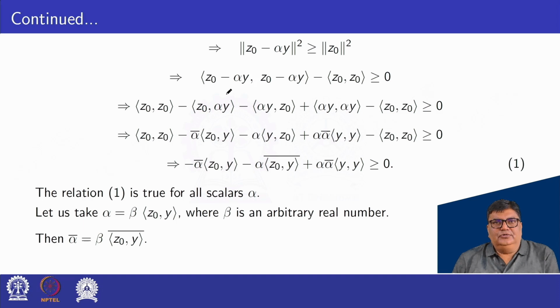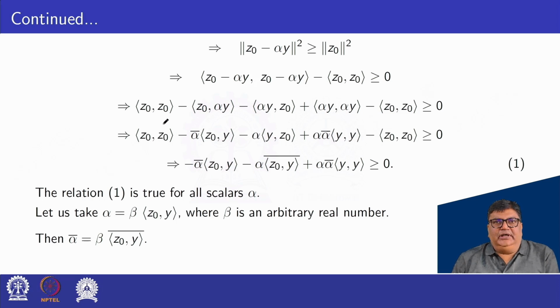Simplifying this, using the first property of the inner product, we have the inner product of z0, z0 minus the inner product of z0, alpha y, minus the inner product of alpha y, z0, plus the inner product of alpha y, alpha y, minus the inner product of z0, z0, which is greater than or equal to 0.